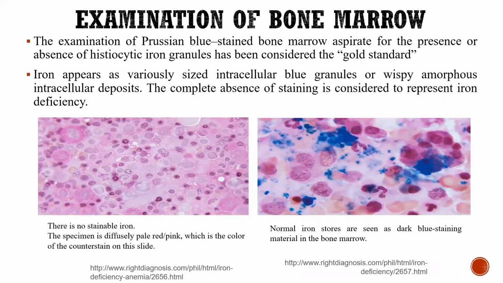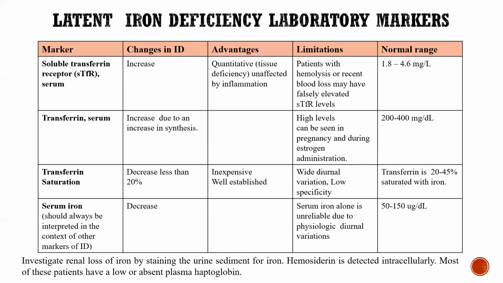The examination of Prussian blue-stained bone marrow aspirate for the presence or absence of histiocytic iron granules has been considered the gold standard, and appears as variously sized intracellular blue granules and widely uniform intracellular deposits. The complete absence of staining is considered to represent iron deficiency.